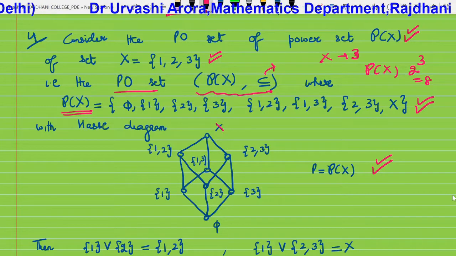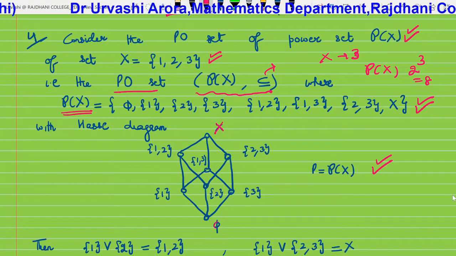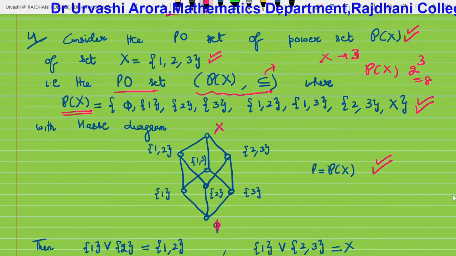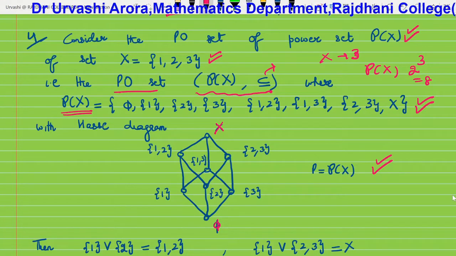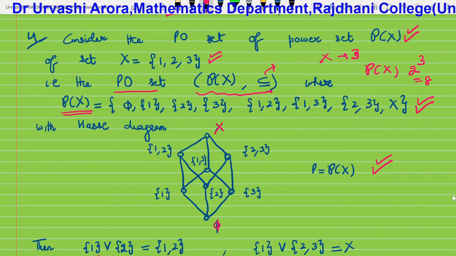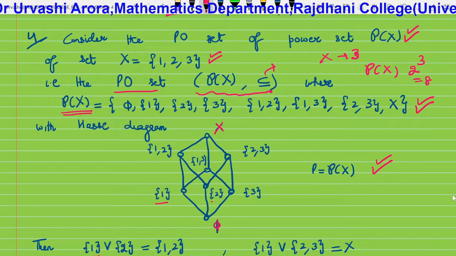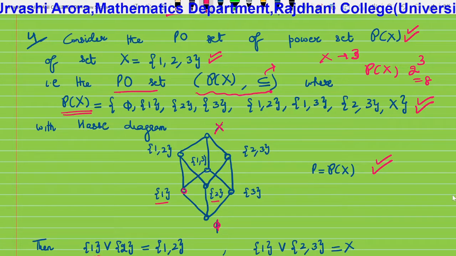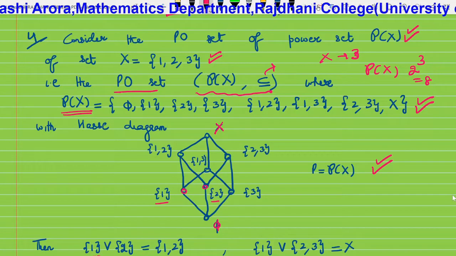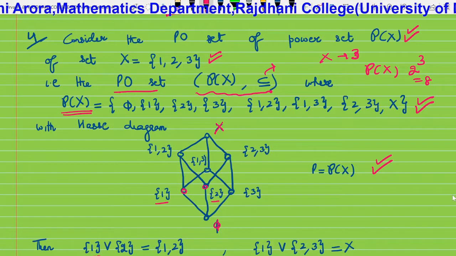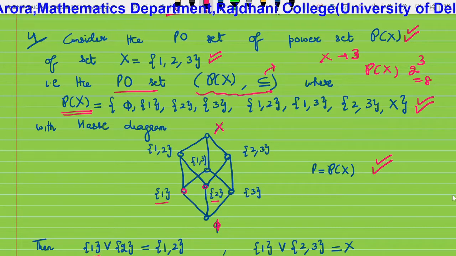So here X, the whole set X, is at the top, and the empty set is at the bottom. If we try to find the join of singleton 1 and singleton 2, the join of these two means the least upper bound of 1 and 2.